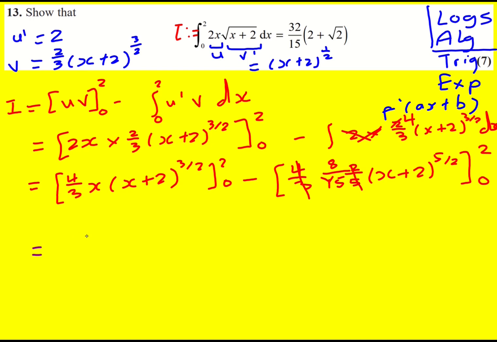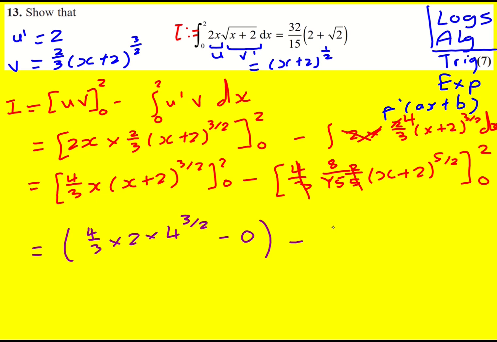Okay, let's sub in. So I'm going to get 4 over 3 times 2 times 4 to the 3 over 2. Then minus 0 because I've got an x there. Just be careful. It's not always going to be 0 if you have exponentials, for example, but it will be here.